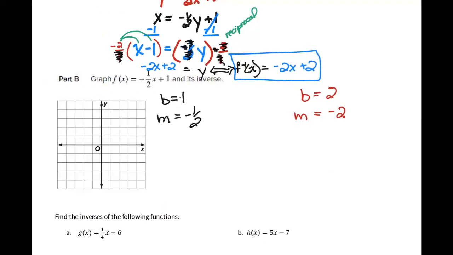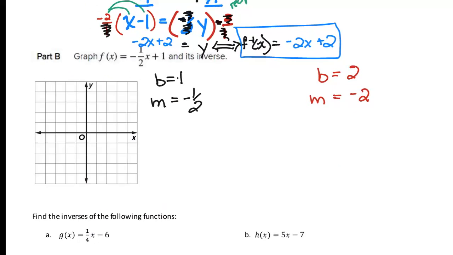So I'm going to graph the first one first. B is 1. Remember, you always start on the y-axis when you graph. And if I have a -1/2, that means I'm going down 1 and to the right 2. Down 1 to the right 2, down 1 to the right 2.